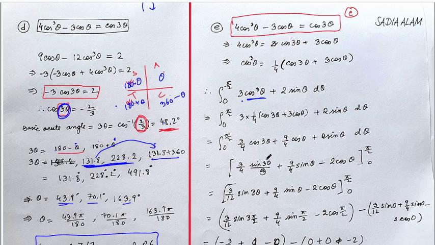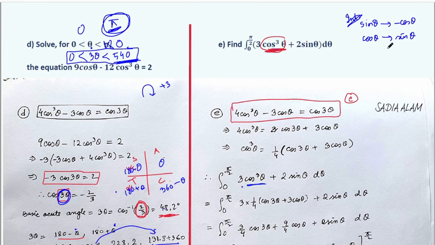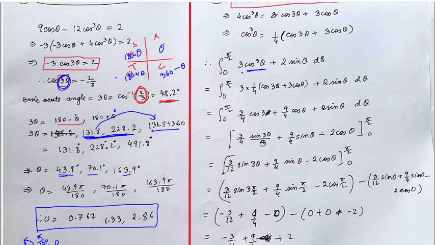The integral of cos theta is sine theta, but whenever we have a coefficient, suppose cos 2 theta, it will be sine 2 theta divided by 2. You need to divide this whole thing by the coefficient. So cos 3 theta will be sine 3 theta, but we have 3, so you need to divide this whole thing by 3. The integral of sine theta will be minus cos, so here it is minus cos.